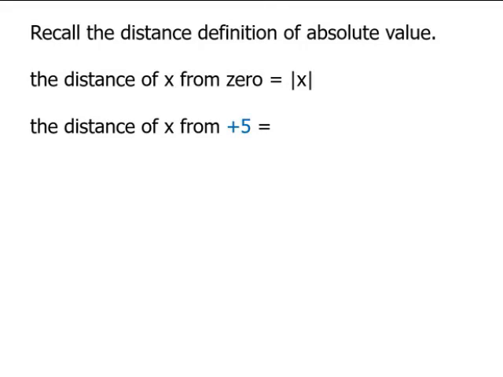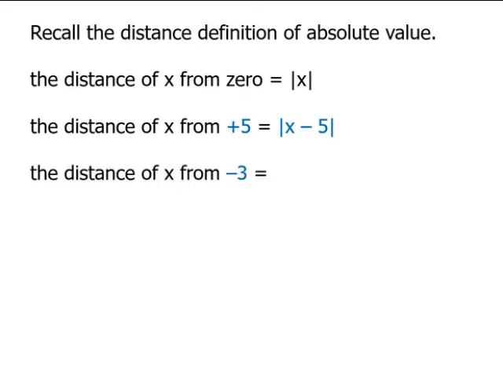We subtract and take the absolute value. So absolute value of x minus 5. If I plug in x equals 8, then I get 8 minus 5, absolute value of 3 is 3. And so 8 is 3 away from 5. And if I plug in 2, then I get 2 minus 5, negative 3, absolute value is 3. 2 is also a distance of 3 from 5.